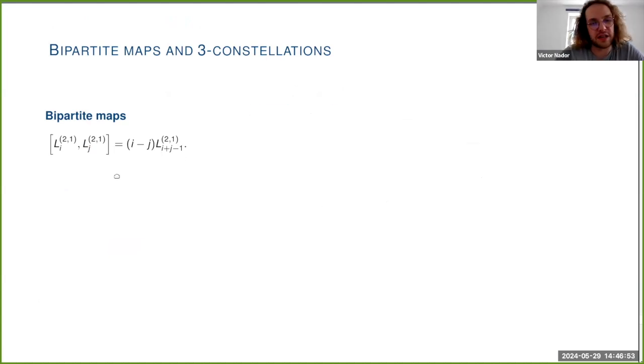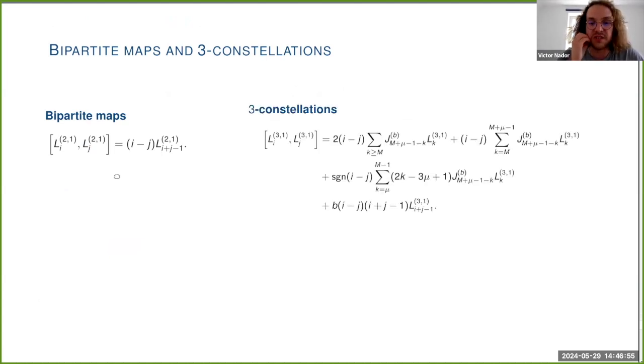But in the case of three-constellations, the computation is much lengthier, and it relies on several tricks, because you have to cut each of your contributions into several pieces and rewrite them in a clever way using commutation relations between your operators.